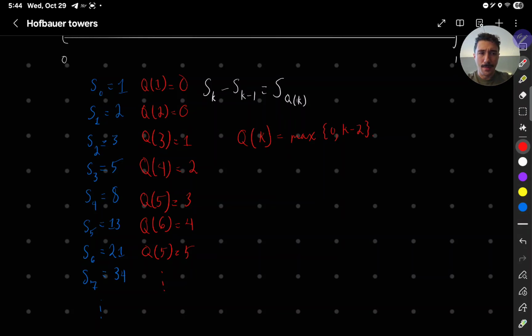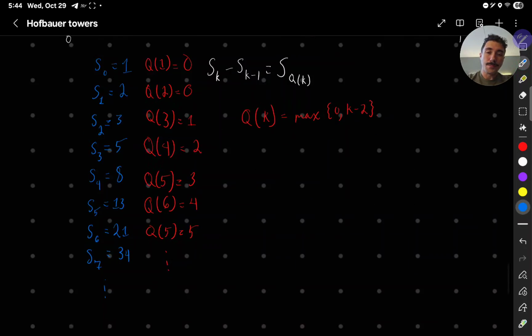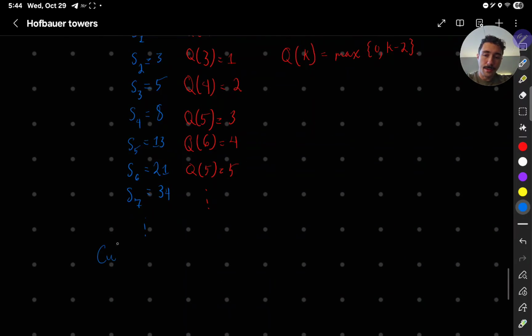All right, so why do we care about this? Well, you notice that I only need to know the cutting times in order to get the kneading map values.